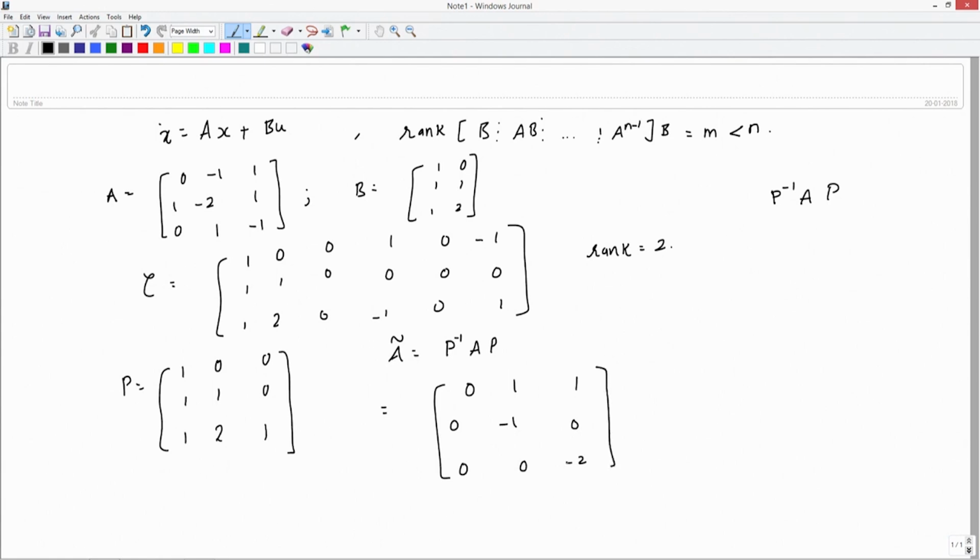And what is B tilde? B tilde is [1, 0; 0, 1; 0, 0]. Let us carefully look at this.